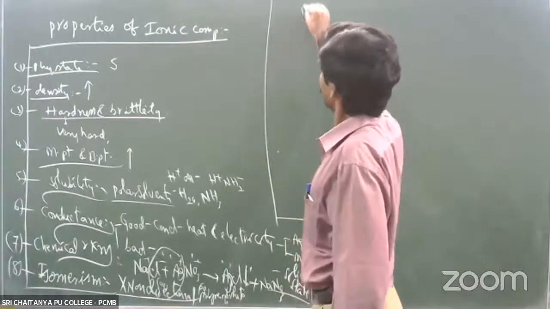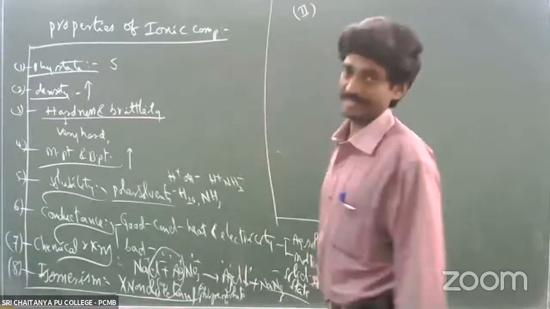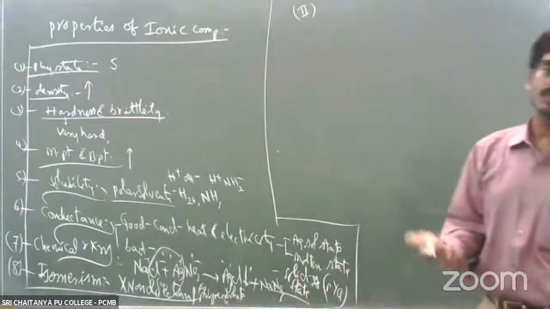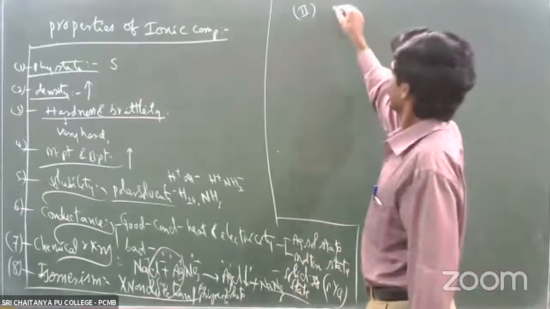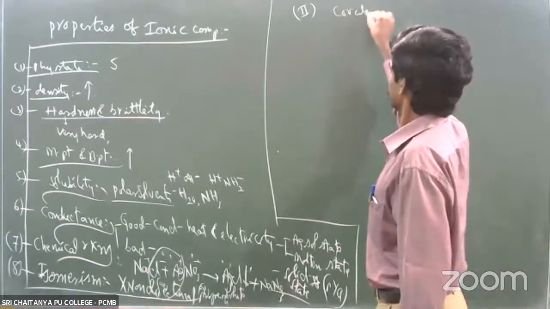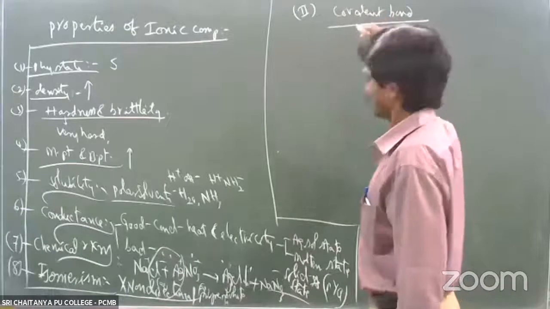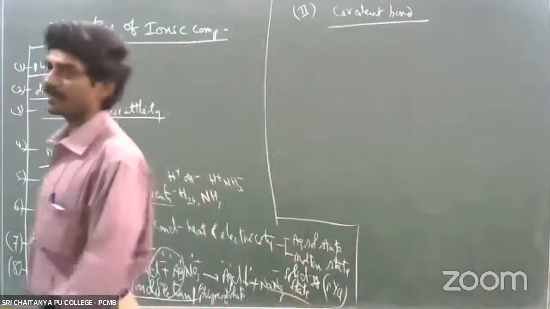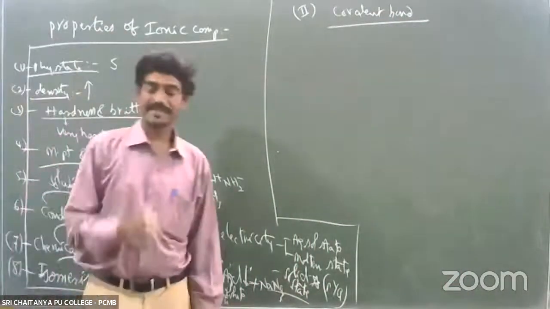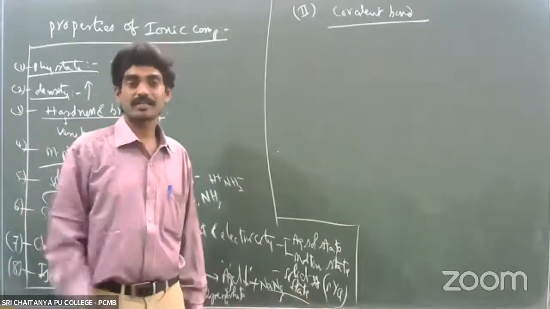Till now we did ionic compounds and the ionic bond. Next we are going to do the next bond, that is the covalent bond. What is a covalent bond? The bond formed between two atoms by mutual sharing of an electron pair.